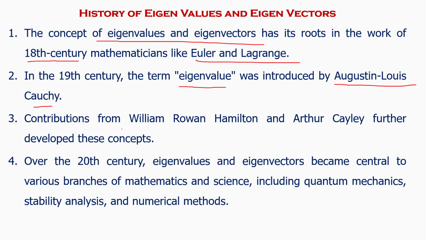Contributions from William Rowan Hamilton and Arthur Cayley further developed these concepts. Over the 20th century, eigenvalues and eigenvectors became central to various branches of mathematics and science, including quantum mechanics, stability analysis, and numerical methods.